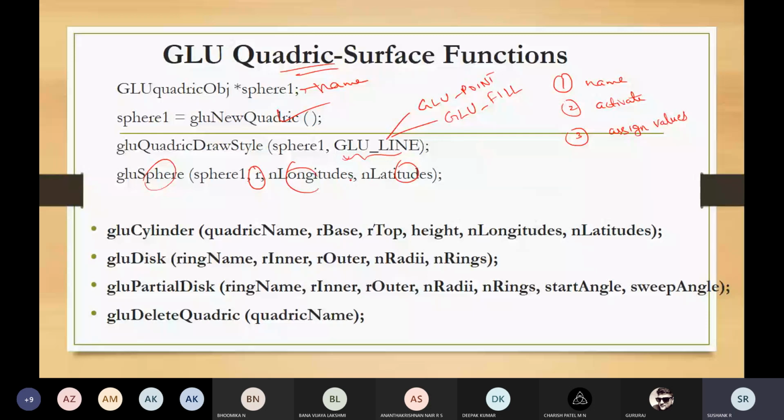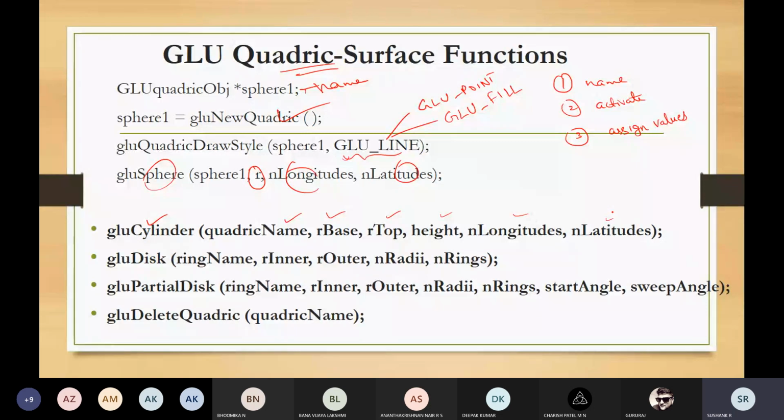After that we have a function called GLU cylinder. GLU cylinder will give us the cylinder. Here we have quadratic name, r base, r top, height, latitude, longitude. See here, the r base will be on the z axis.